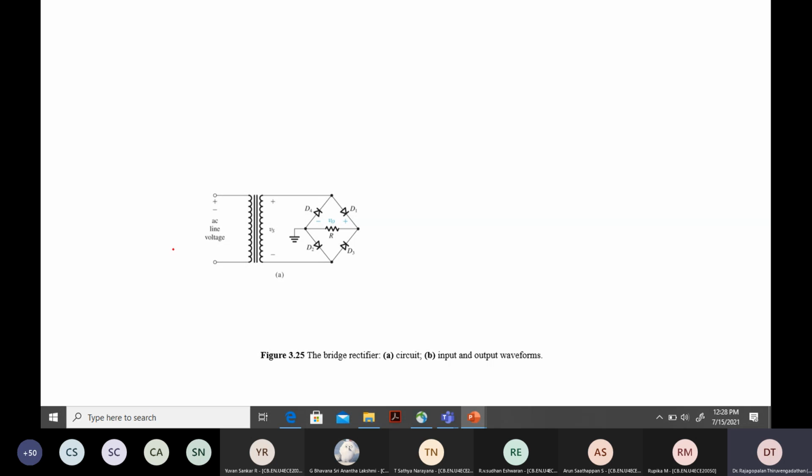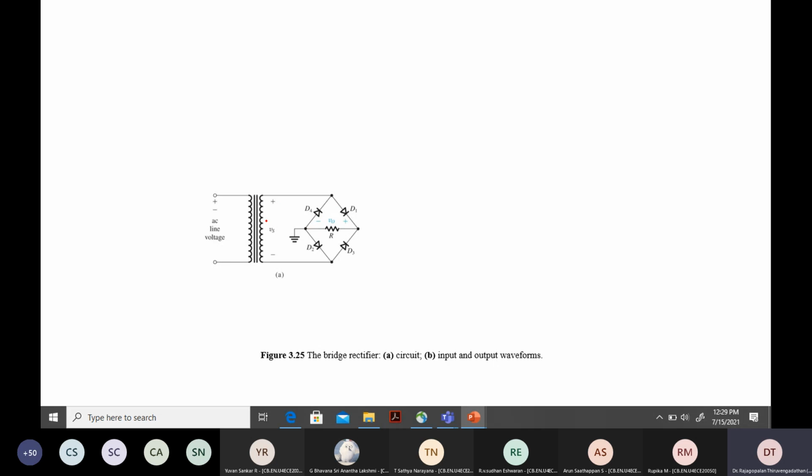Now, you see here the input AC signal is applied to a transformer. The output from the secondary of the transformer is taken and fed to the bridge circuit. So here, diode 1, diode 2, diode 3, diode 4. We can name either way, it doesn't matter.